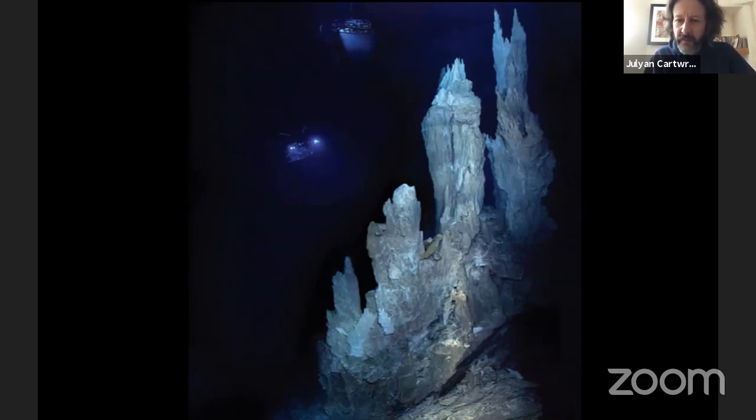They occur where hot fluid is coming out of the Earth and depositing minerals, which arrives at these extraordinary shapes that you see here, and gets to be tens of meters tall, and these vents last hundreds of thousands of years. So they're very long-lived, very large, important structures on the ocean floors.